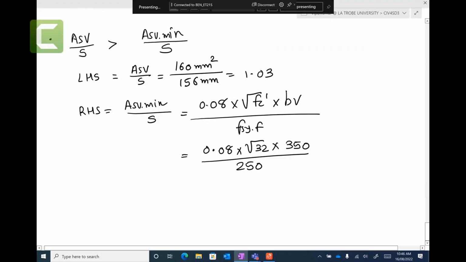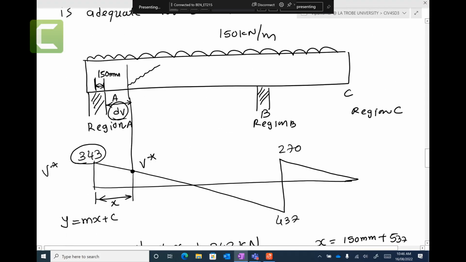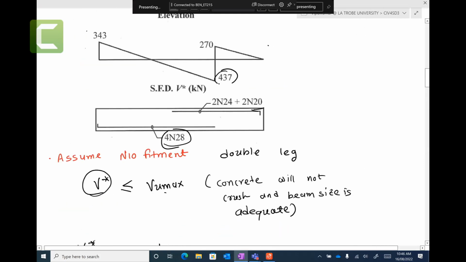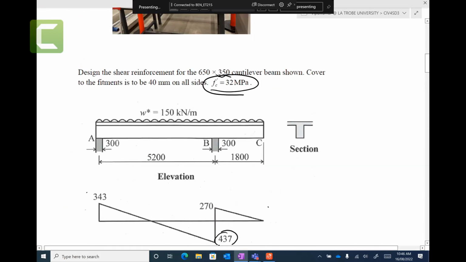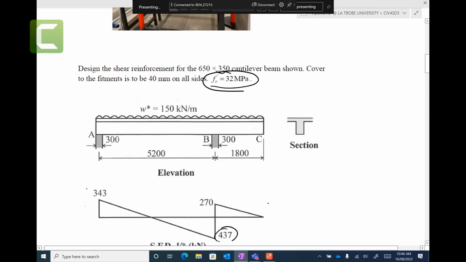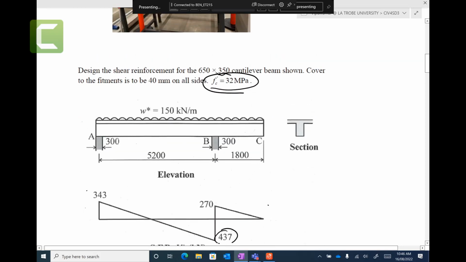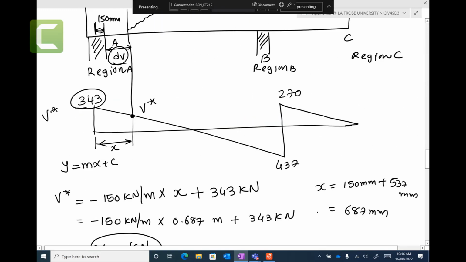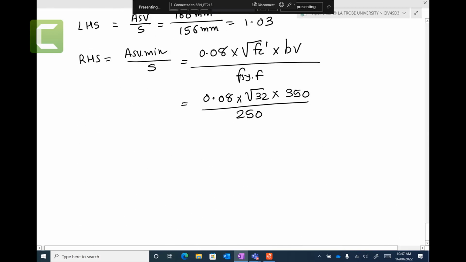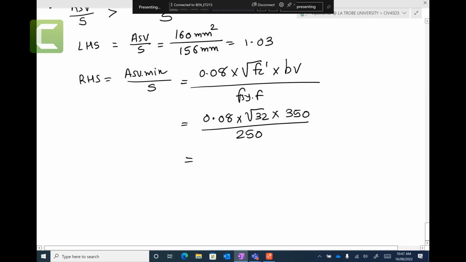I think we change it to the R fitments. So 32 and 350. Well, you can use N fitments, but for this demonstration purpose to make all the checks, I think this is well suited for teaching purpose. It is better I use R10 fitments. So your BV is 350, and your FC dash is 32 megapascals, given in our question. So you have 0.08 times square root 32 times 350 divided by 250.